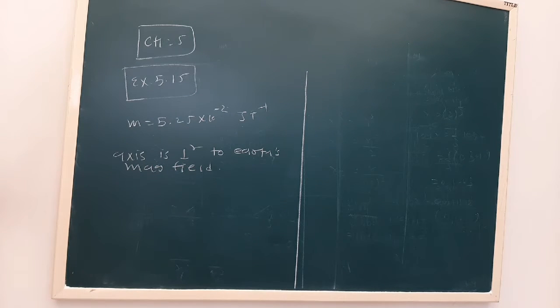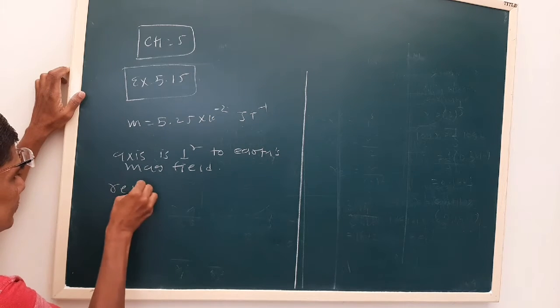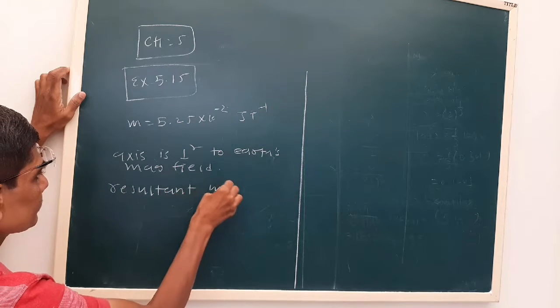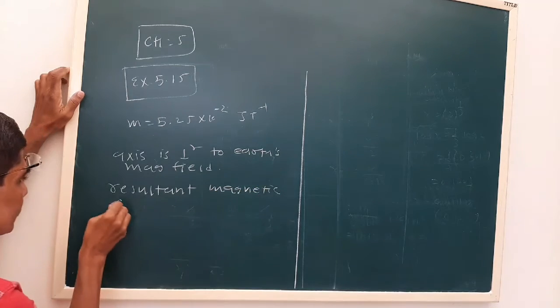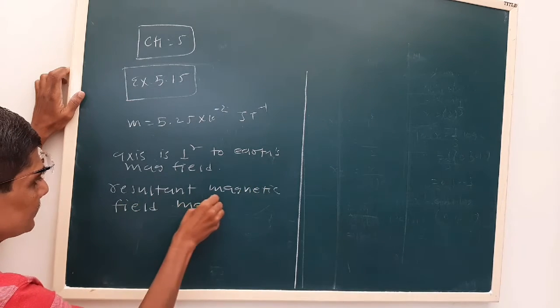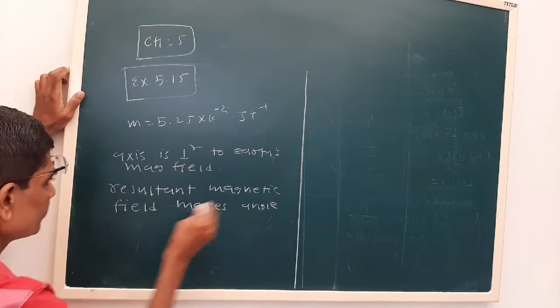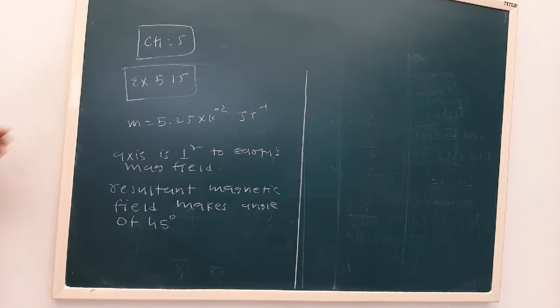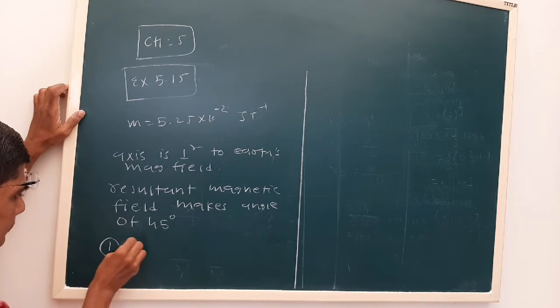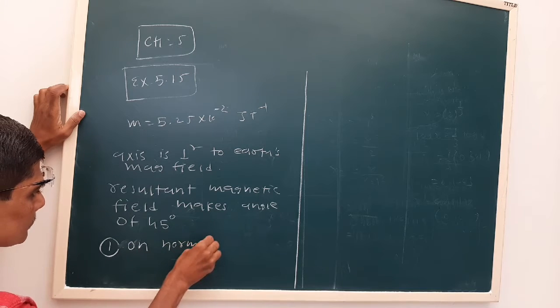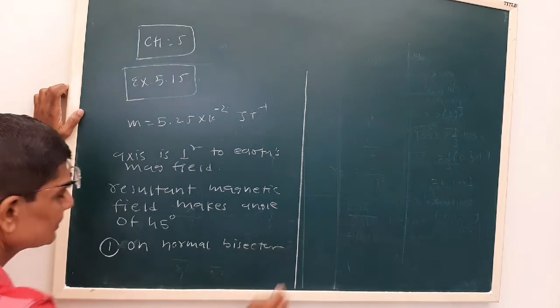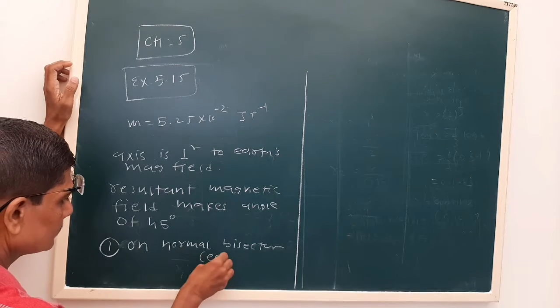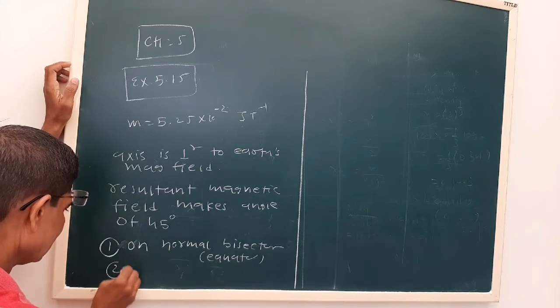At what distance from the center of the magnet does the resultant magnetic field make an angle of 45 degree with the Earth's field: first on the normal bisector, that is nothing but the equator, and second on the axis.